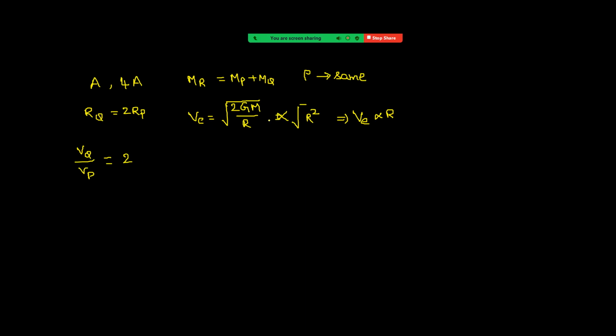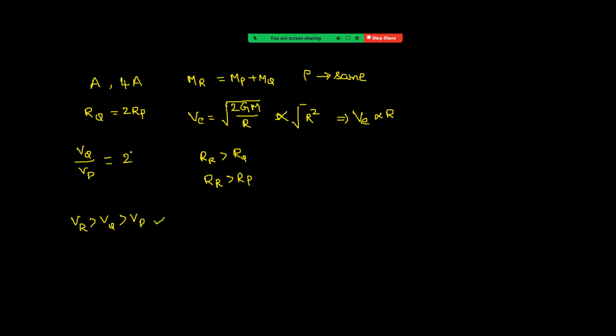Okay. And one more thing here. When you are taking the mass of R as the sum of these two masses, then definitely I can say the radius of R is greater than the radius of Q as well as the radius of P. That means we can say clearly that escape velocity from R is greater than escape velocity from Q, which is greater than escape velocity from P. Right?